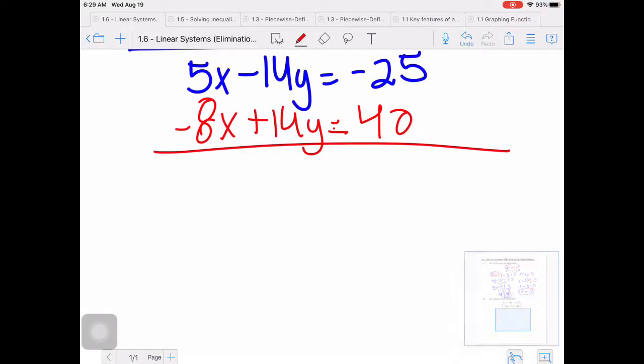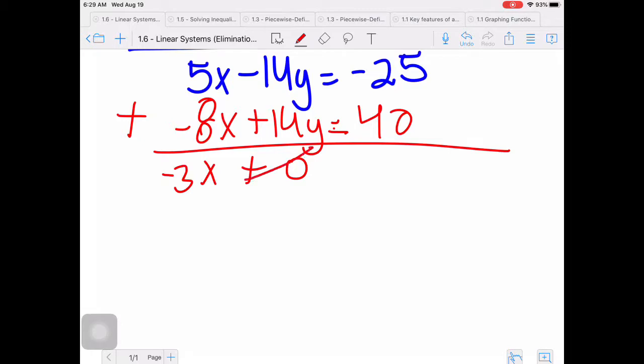Okay, so now I can go ahead and eliminate. And how do I eliminate? I'm going to be adding the equations. So I get 5x plus -8x, which is -3x. I get -14y plus 14y, which is 0y. And you don't even have to write the 0 if you don't want to. And then I get -25 plus 40, which is 15.